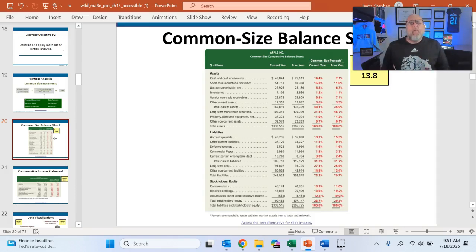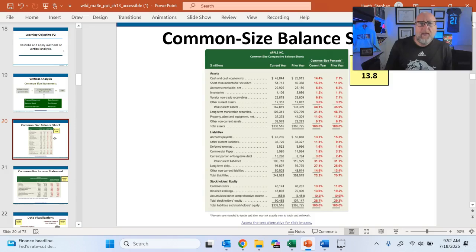Vertical analysis, what we are doing is we are going to present the balance sheet and the income statement in terms that make them comparable to other competitors or industry participants. And it helps us compare companies if they are of different size. So what we call vertical analysis sometimes is also called common sizing.